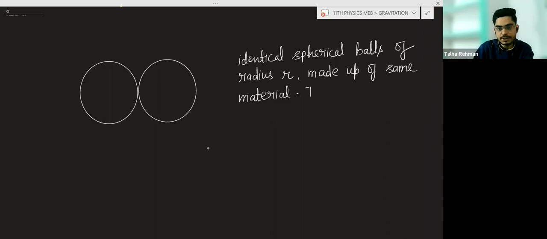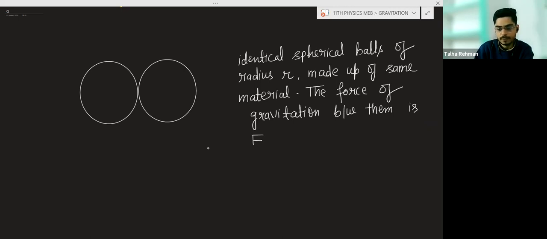The force of gravitation between them is F.